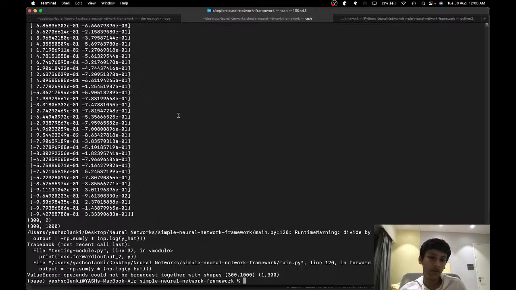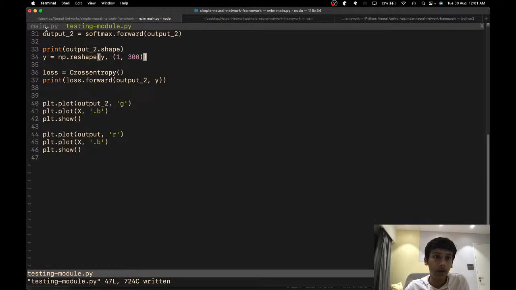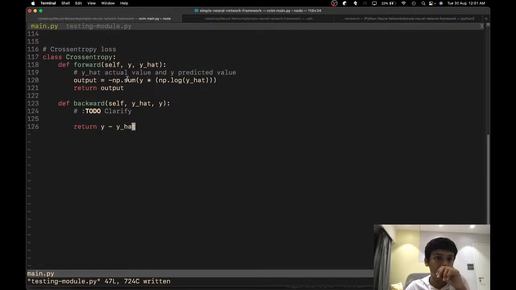Could not broadcast shapes. Oops. No, that's not right. The rows of the first should match that. How the hell is that not correct? So is it for the sum? Is it for what? Wait, I want to test this. I'm going to test this out.